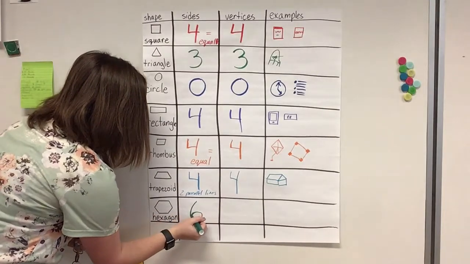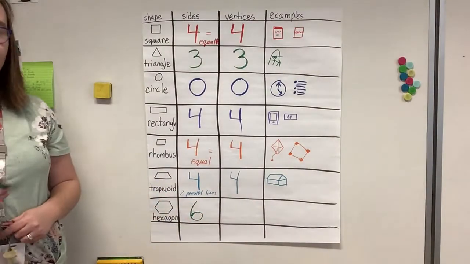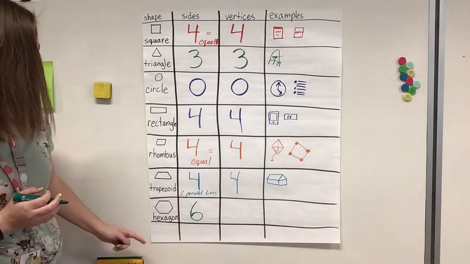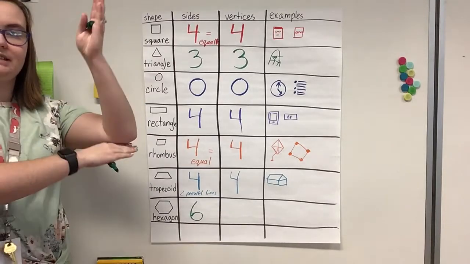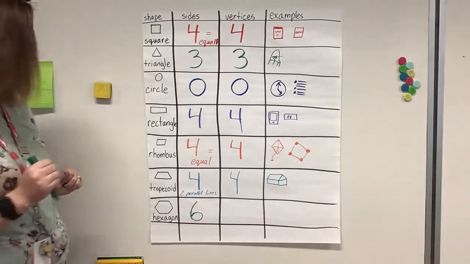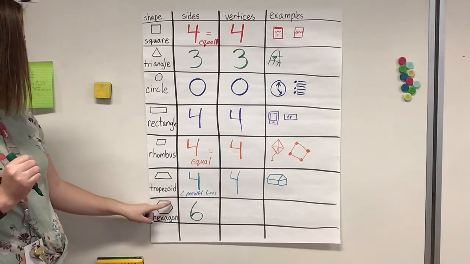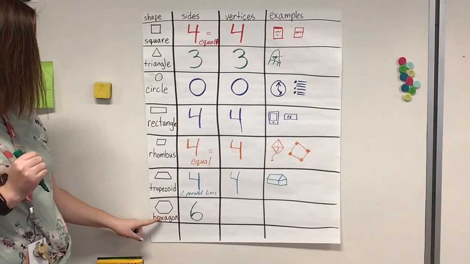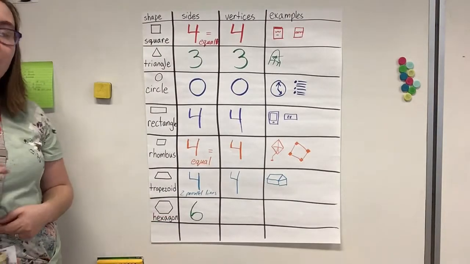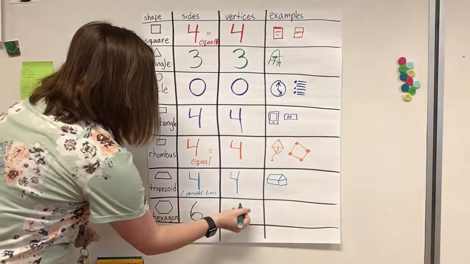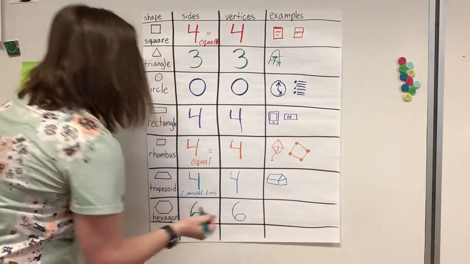Wow. 6 sides. Good job. Now let's count how many vertices, how many times we have those 2 lines coming together. Ready? 1, 2, 3, 4, 5, 6. We also have 6 vertices, 6 corners or vertices.